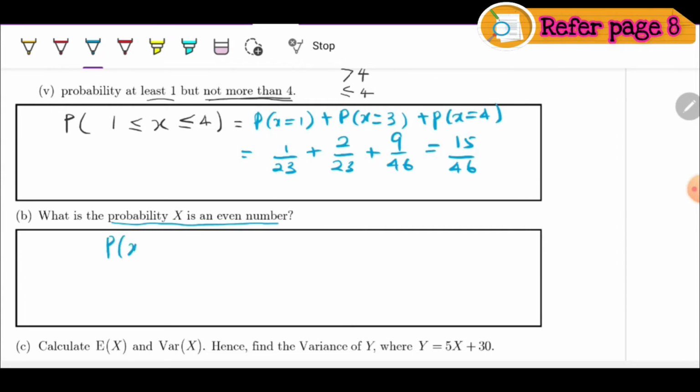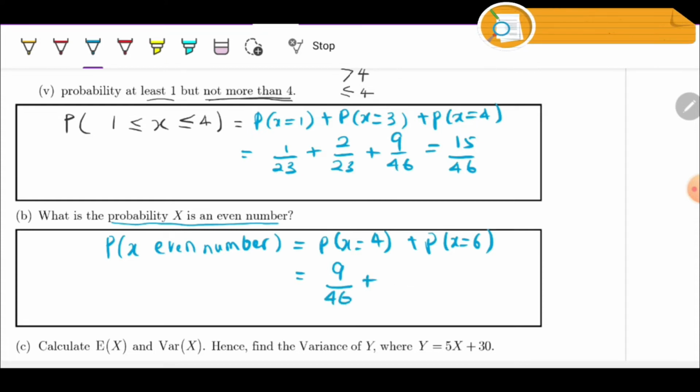So for when x is an even number, we take x equals 4 or x equals 6. When x equals 4, the probability is 9 over 46. And when x equals 6, the probability is 25 over 46. And the answer is 17 over 23.